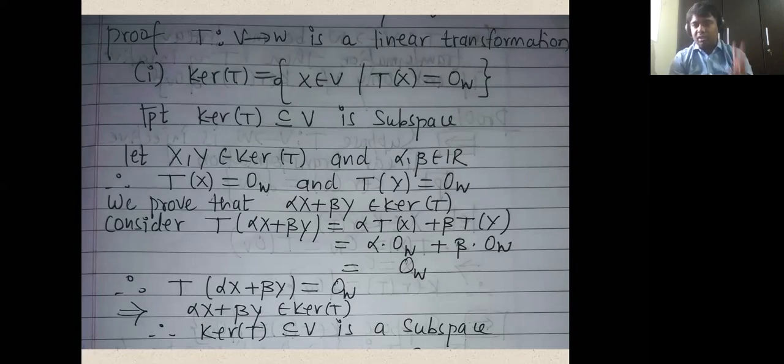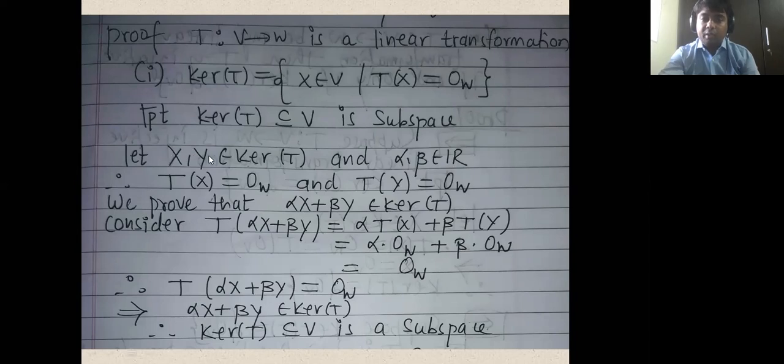We have seen three definitions for the subspace: definition 1, definition 2, and definition 3 is a theorem. Please recollect the subspace chapter. So we need two vectors and two scalars. Let x, y belong to kernel T and alpha, beta belong to R.